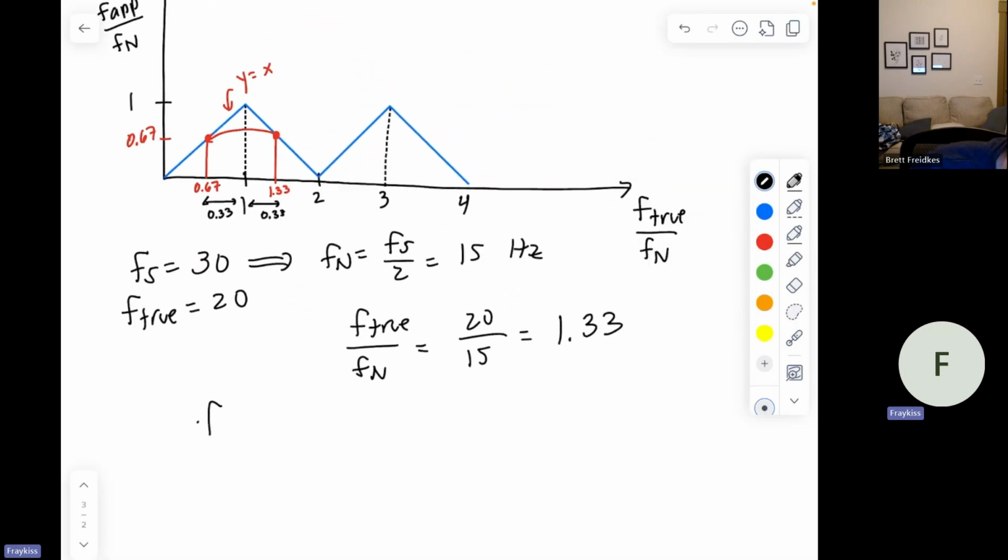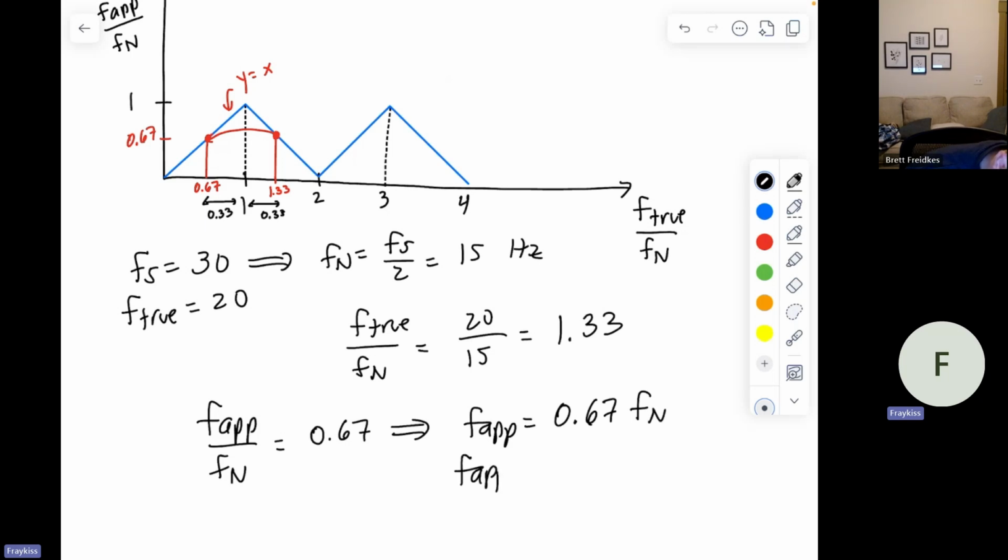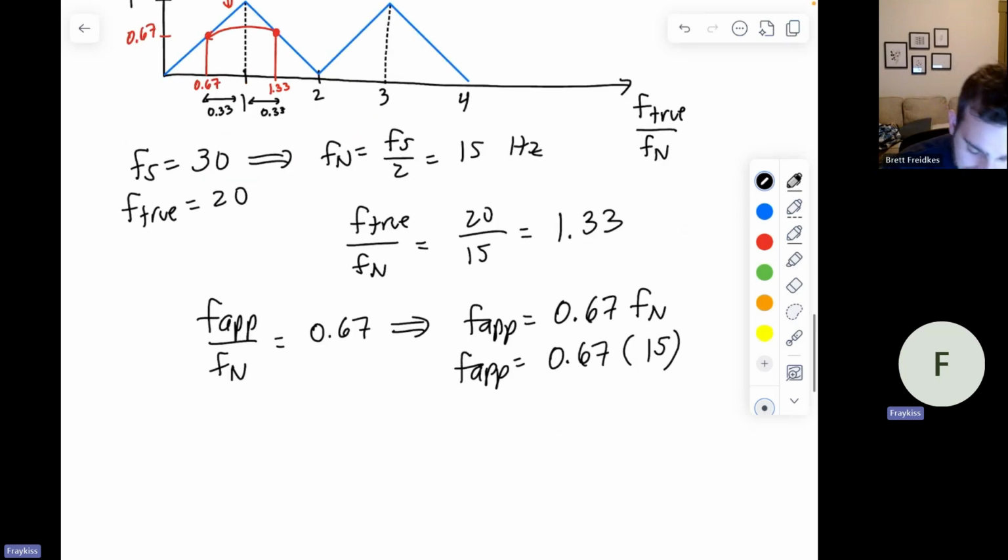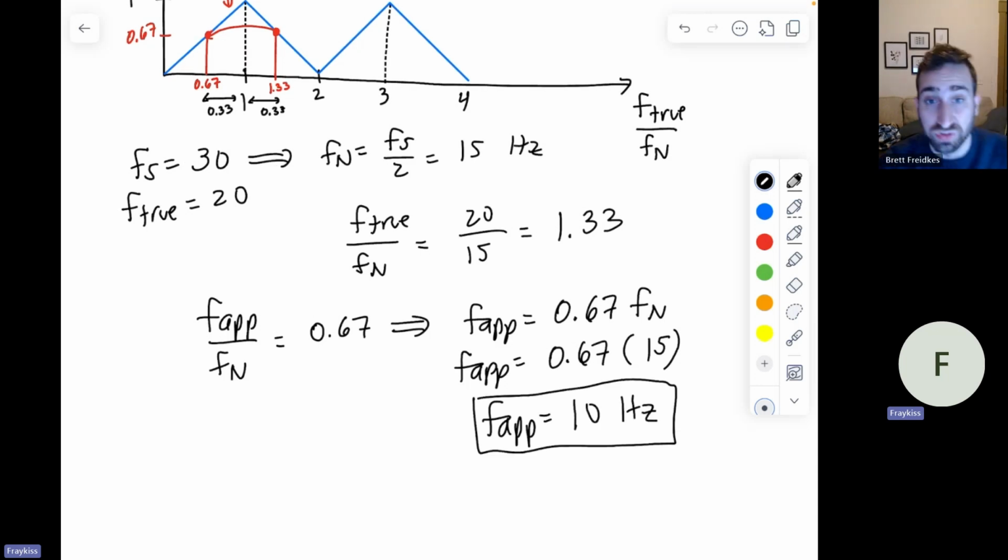So if I were to say that f apparent over fn is equal to 0.67, what that means is that f apparent is 67% of the Nyquist frequency. So that'd be 0.67 times 15. That was the Nyquist frequency. So 0.67 times 15, that ends up being 10. And that's what we will see on our computer screen.